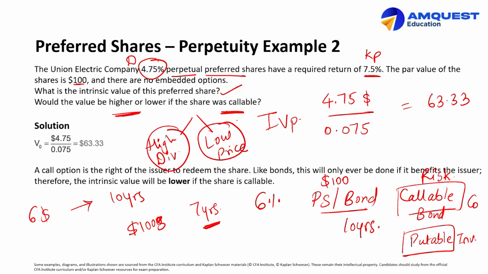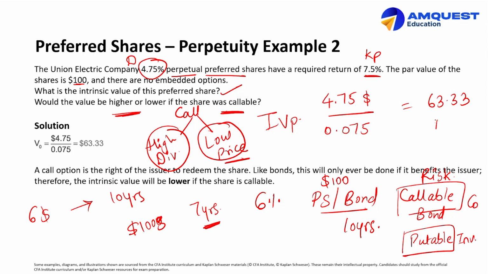That means for a $100 bond, I will give you only 90 and you will give me whatever is the dividend. So these are the two things if it is a callable share or a bond. So will the value be higher or lower if the share was callable? Obviously, the share price or the value of the preference share will be lower, or the dividend has to be higher. So you have to know this from the exam perspective.